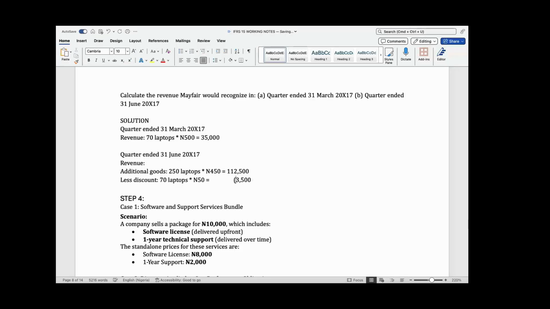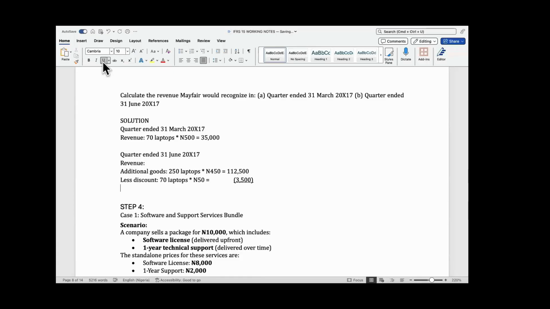By the time you remove these discounts, the revenue you recognize in this quarter, how much? It's 109,000 naira revenue that would be recognized. And that's the solution to this assignment.